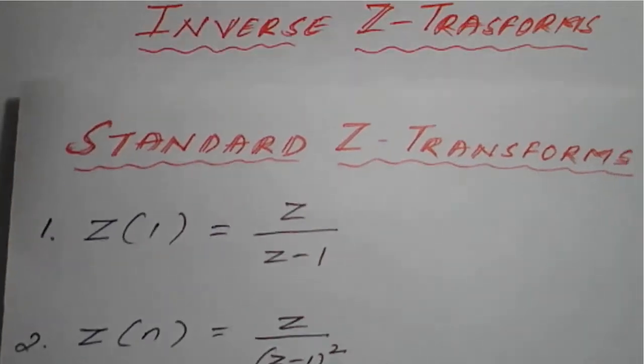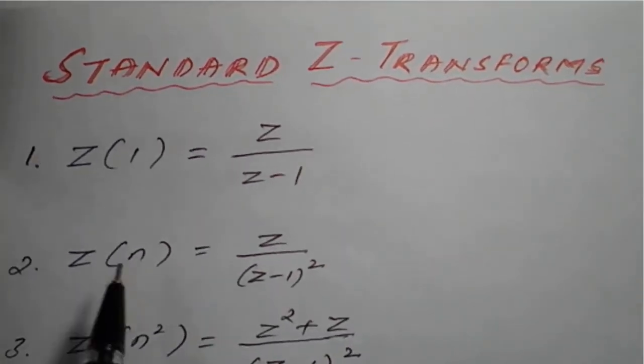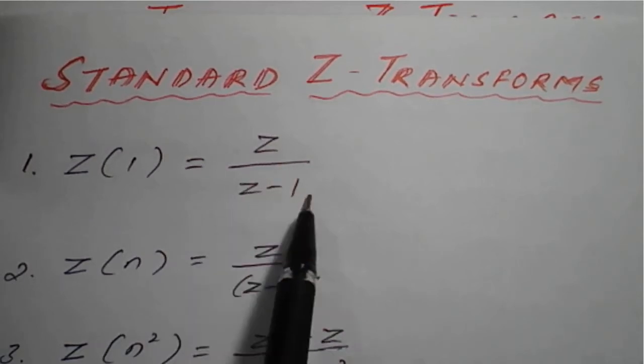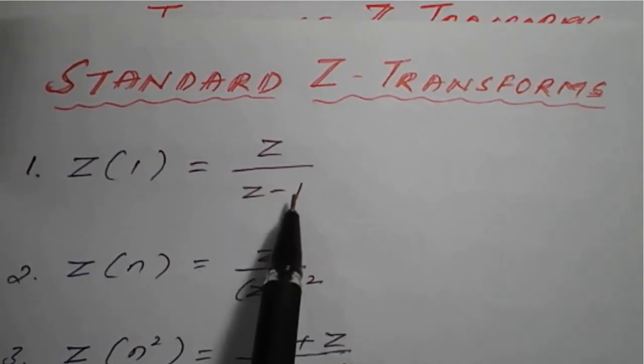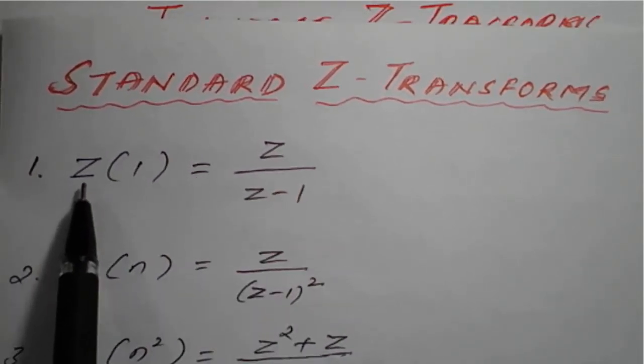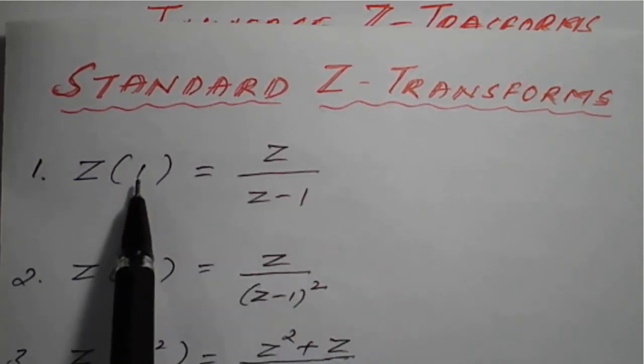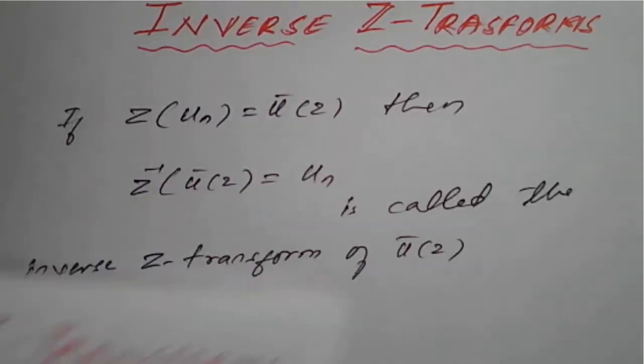We have seen the standard Z transform, that is Z transform of 1 is equal to Z upon Z minus 1. So what is the inverse of this? You shift this Z to the right hand side. So Z inverse of Z upon Z minus 1 will become 1. So what is the standard list of inverse Z transforms? We'll see.